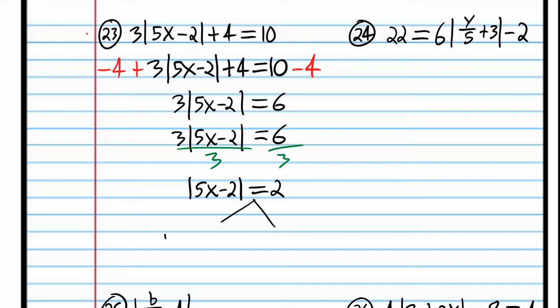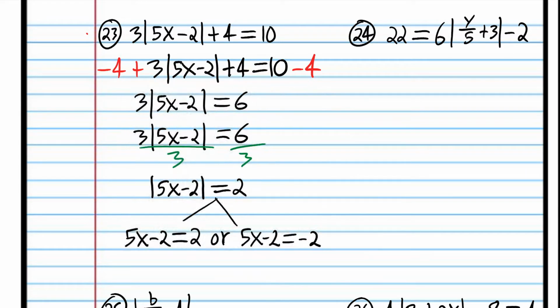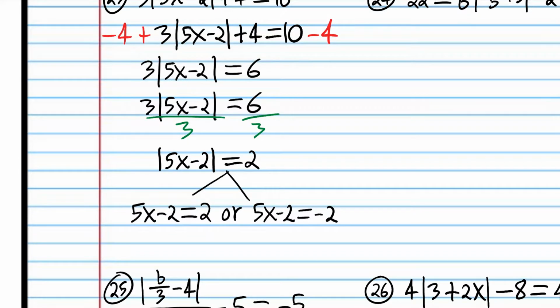So now we know that 5x minus 2 can be equal to 2, or 5x minus 2 can be equal to negative 2. And you want to try to keep your equal sign straight down from the equation. But if it's not possible to do that because you don't have enough room or whatever, that's okay. So now we just solve.